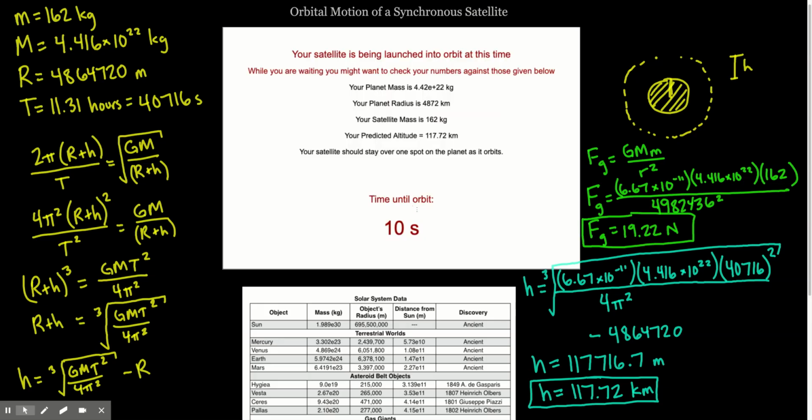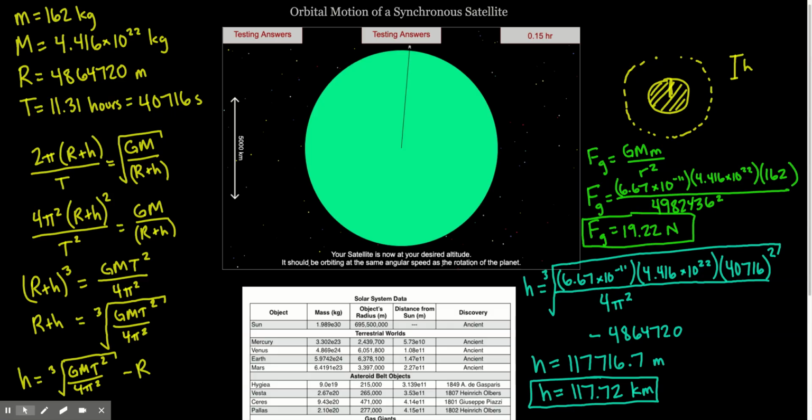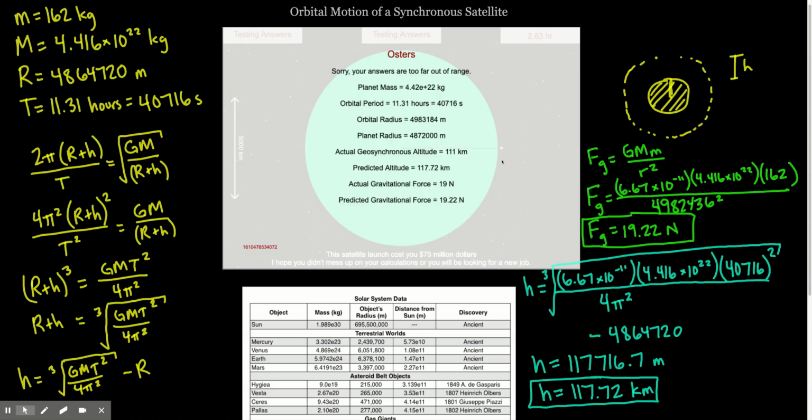So we hit submit. Going to launch just like the last problem did. And it looks like we are pretty much right on. That's the satellite where we want it.